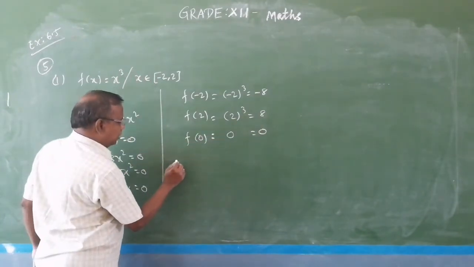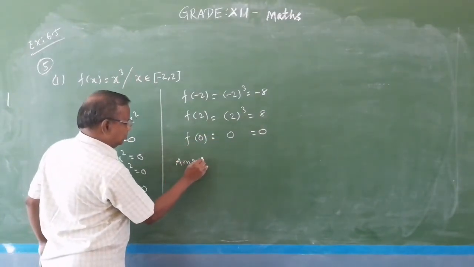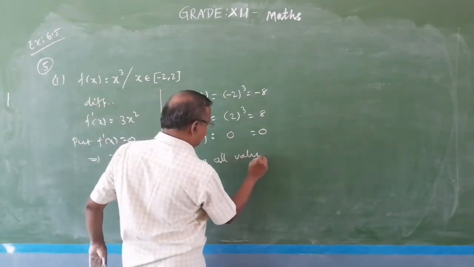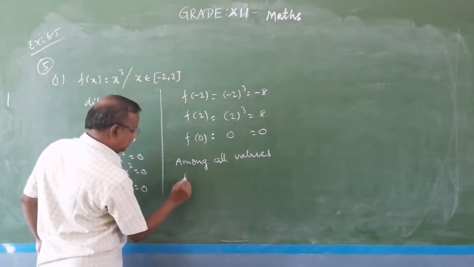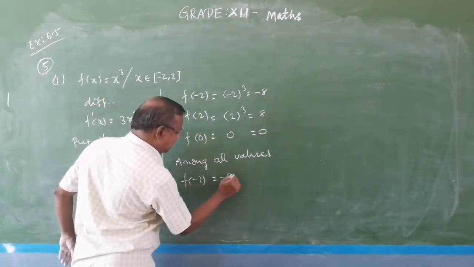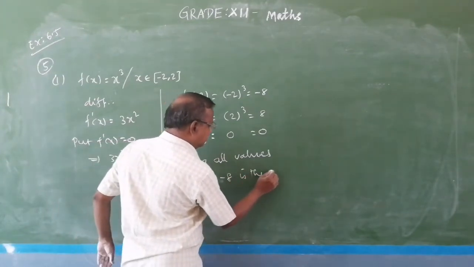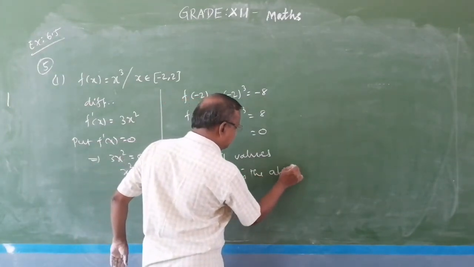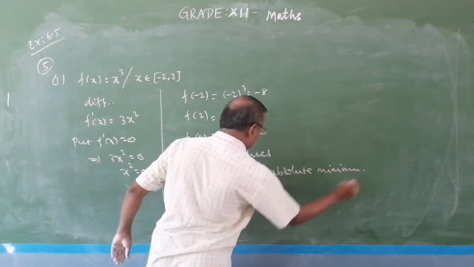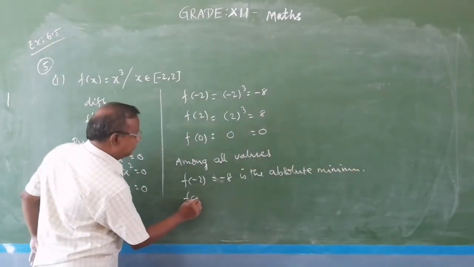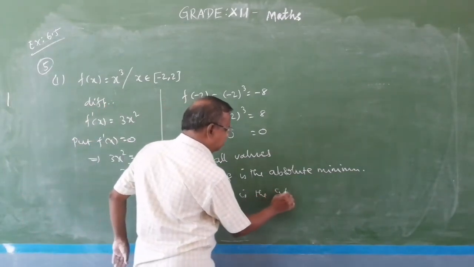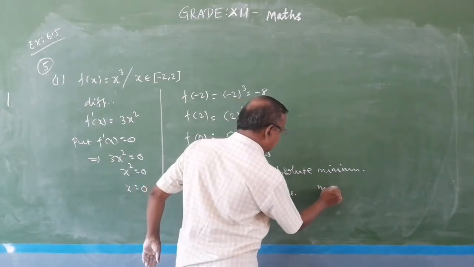So among all values, f of -2 equal to -8 is the absolute minimum, and f of 2 equal to 8 is the absolute maximum.